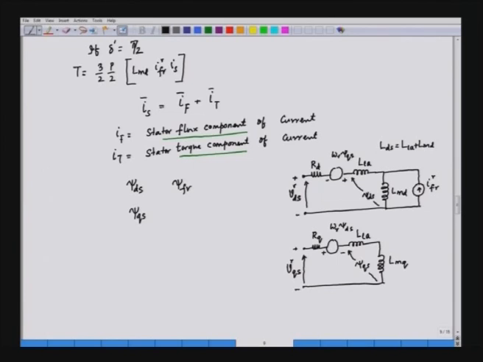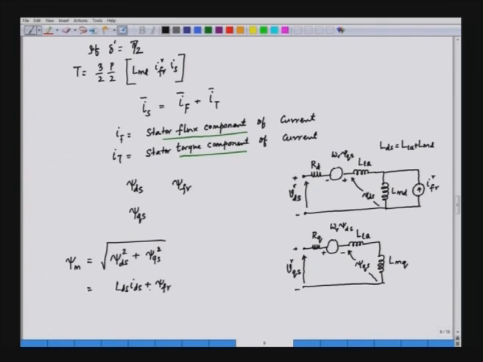So, we can say here that psi m is nothing but psi ds square plus psi qs square, the total flux linkage, and psi ds is equal to LDS into IDS plus psi FR.